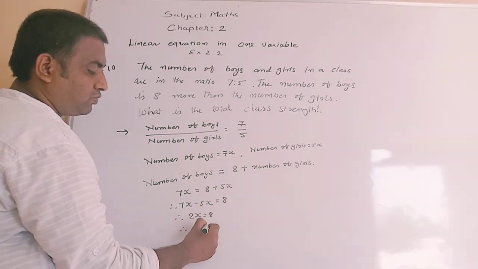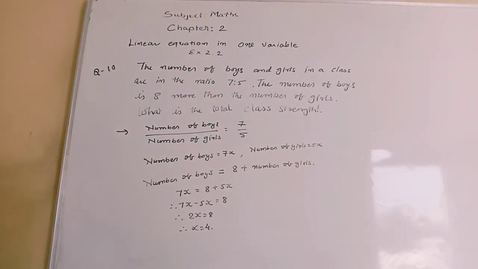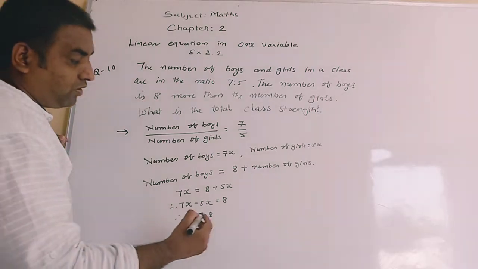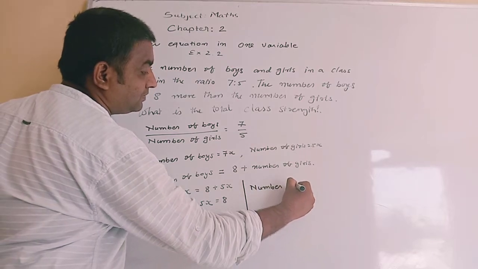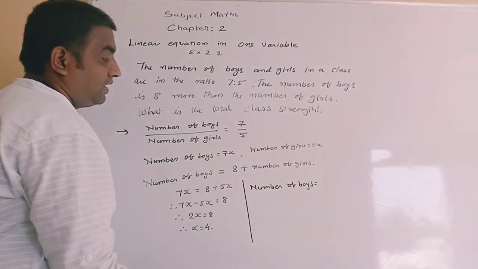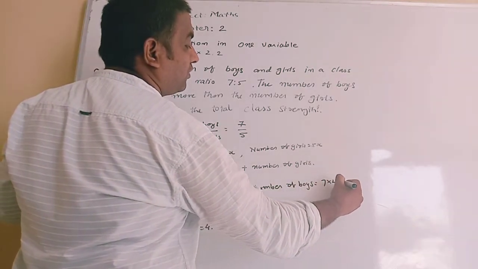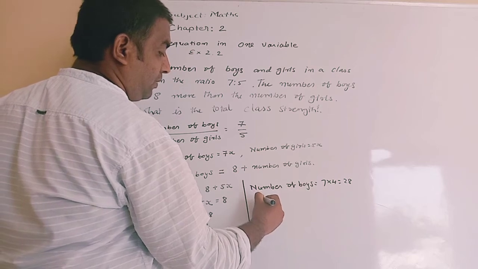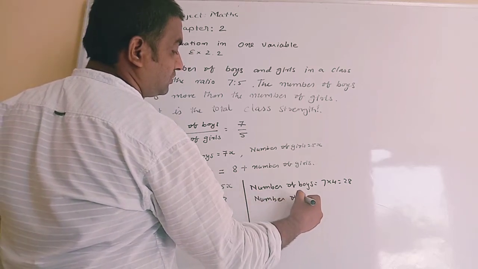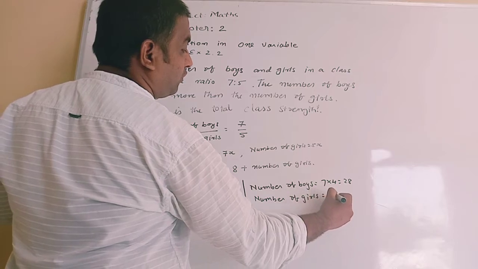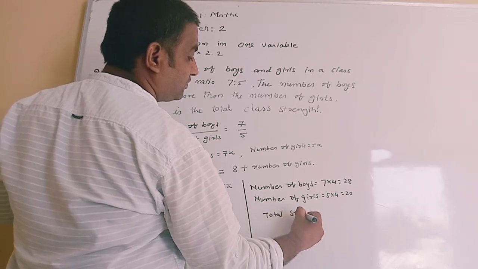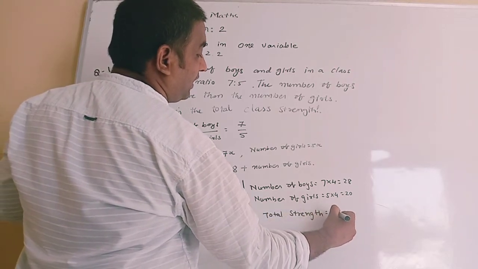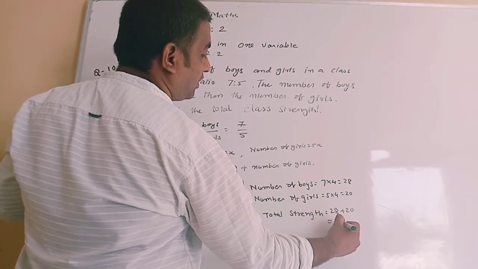So x equals 4. So we will have the number of boys 7x, so 7 into 4 is 28, and the number of girls is 5 into 4, which is 20, and so the total strength of the class is 28 plus 20, 48.